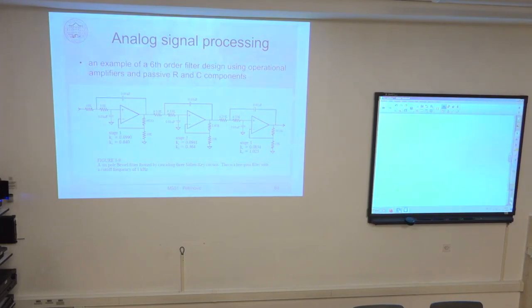So instead of behaving like a filter, it starts behaving like an oscillator. So we get a tone at the output instead of having the desired operation of a filter. So the problem of undesired feedback is a very big problem when designing analog circuitry.